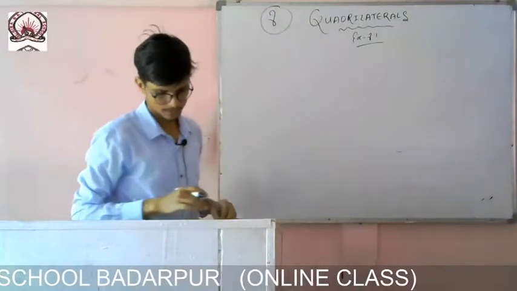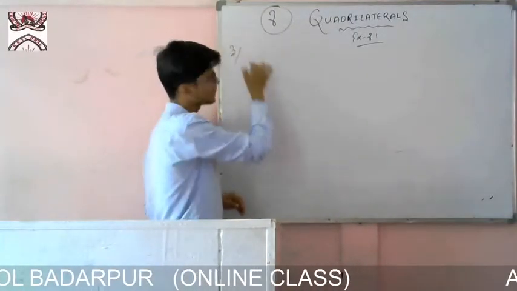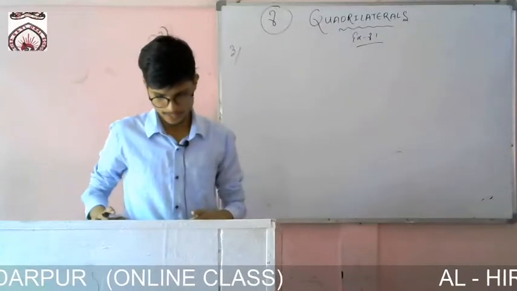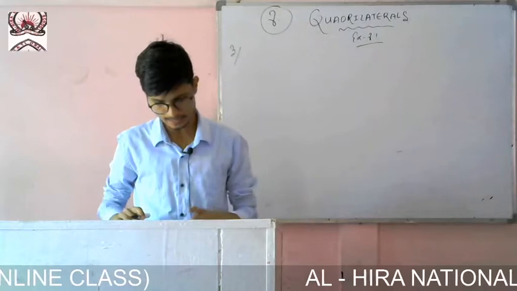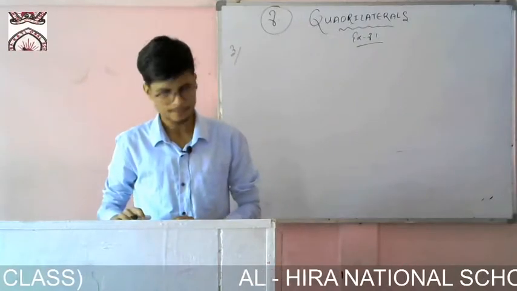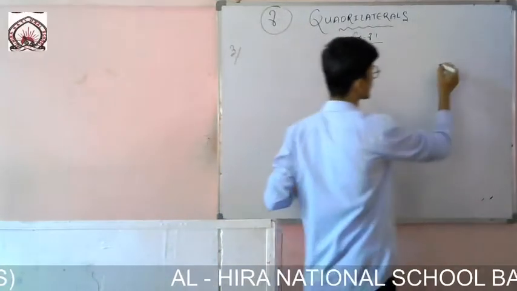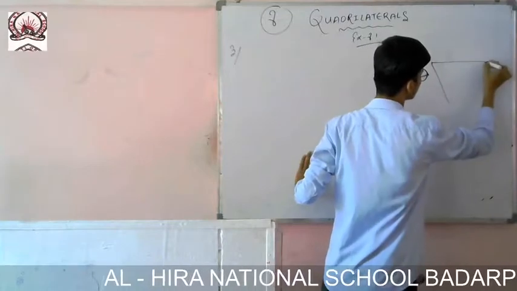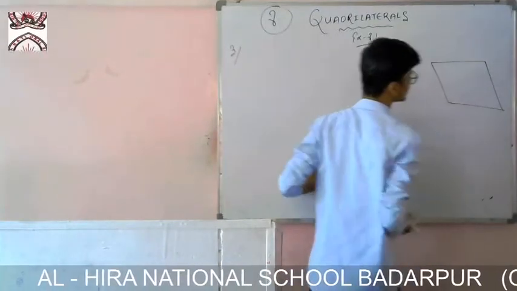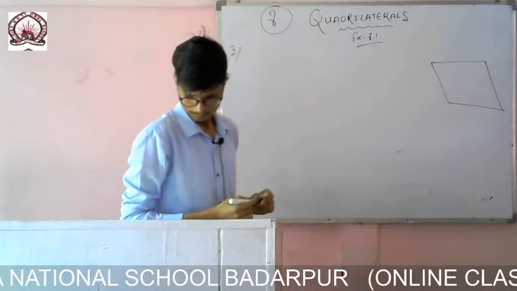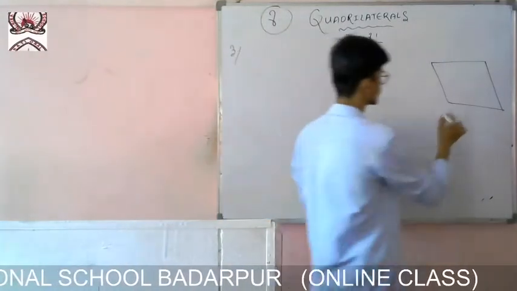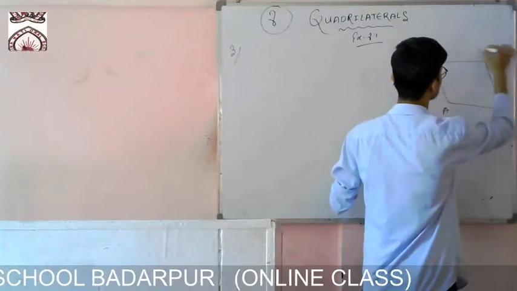So question number 3: show that if the diagonals of a quadrilateral bisect each other at right angles, then it is a rhombus. Okay, so let me draw a figure. I am drawing a rhombus ABCD.